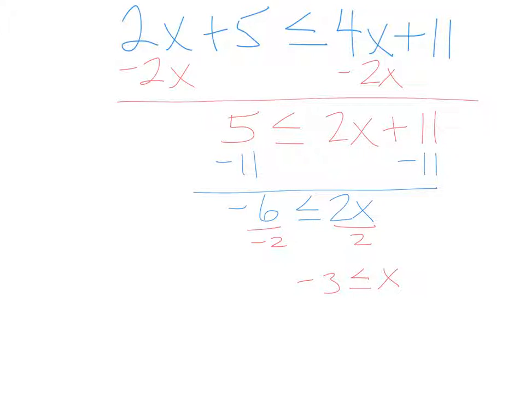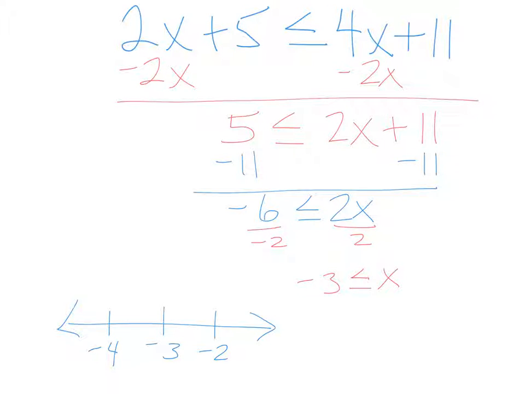Now, because we read these from left to right, this says negative 3 is less than or equal to x. But I have to be careful when I go to graph it, because it is not going to be shaded this way. It says negative 3 is less than or equal to x, and negative 3 is not less than these numbers.